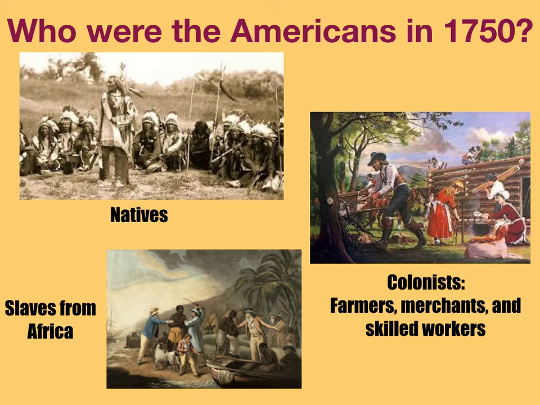So the Americans farmed, sold, and did a variety of work. They came from all over Europe, along with the slaves themselves and the Indians who had lived there for thousands of years.